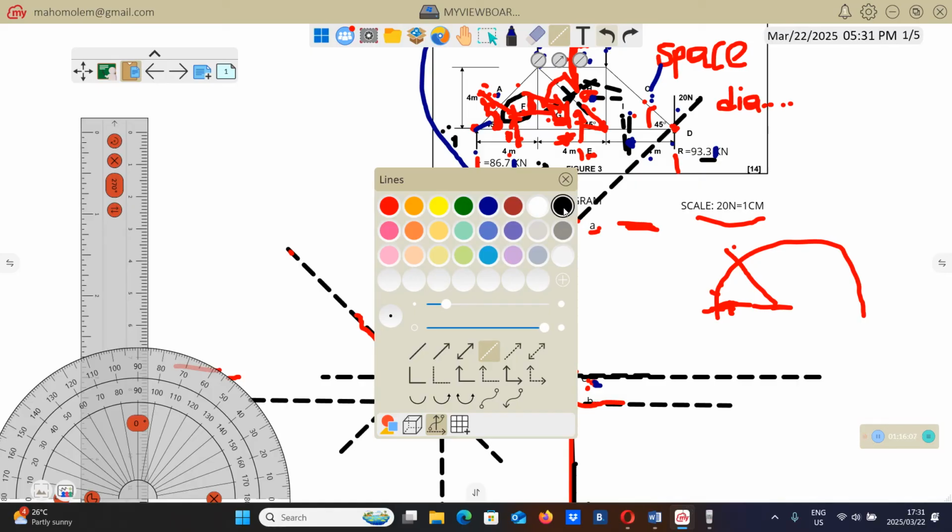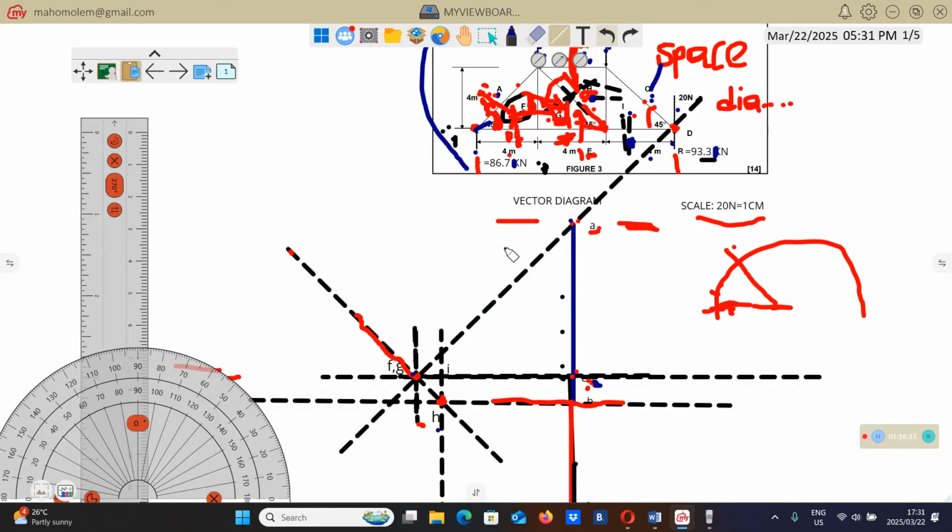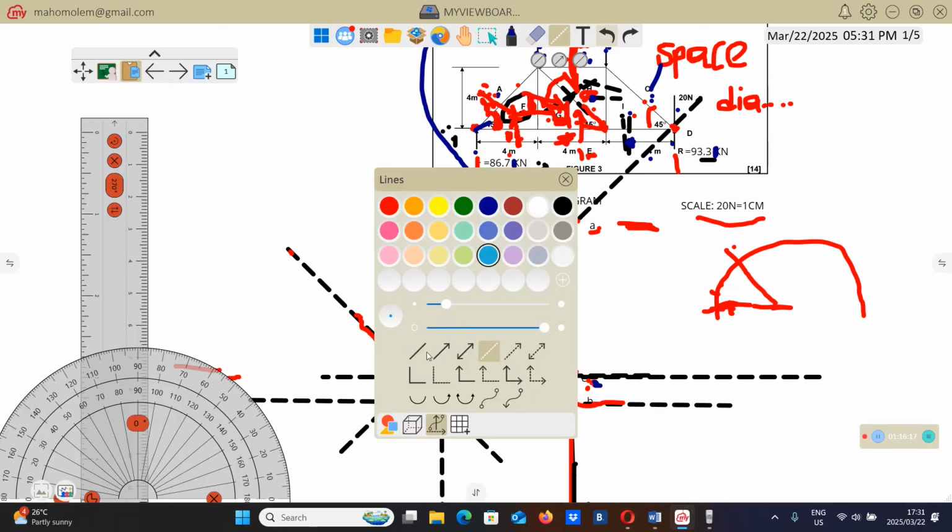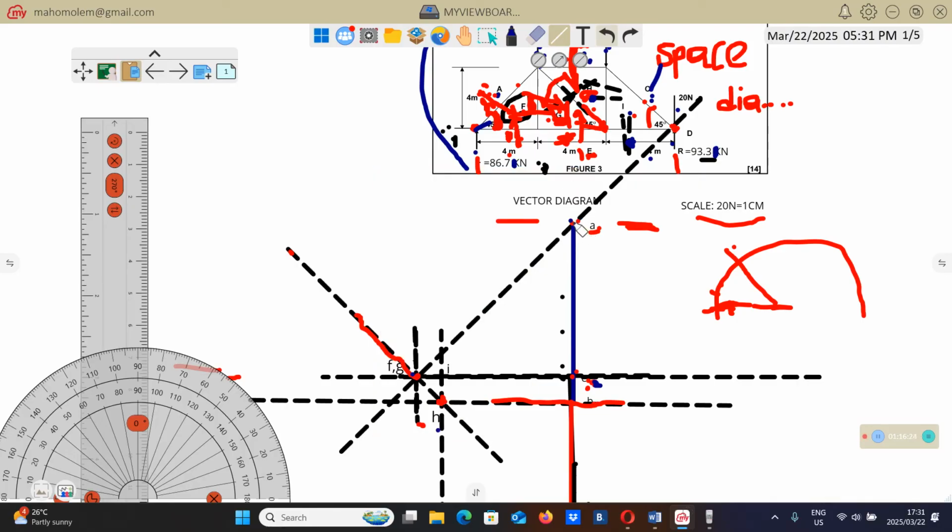You can use a different color now, which is going to represent the final vector diagram. So I've chosen sky blue color. Then I'm going to have a solid line. So I'm going to draw a line from here to there. Then I'm done with this member here.